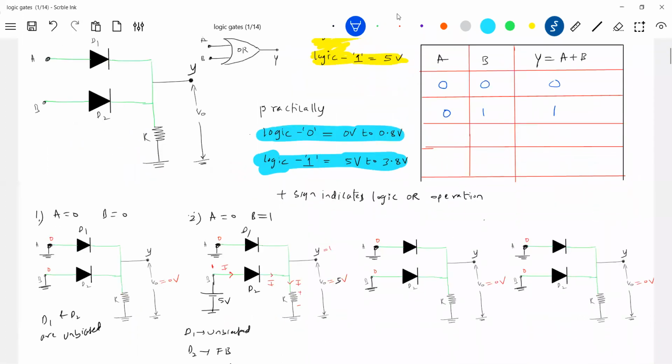Now similarly, let me connect this to a cell. Okay, this will be like this. So what is the logic here? Logic will be 1. This will be 5. The current will flow like this.